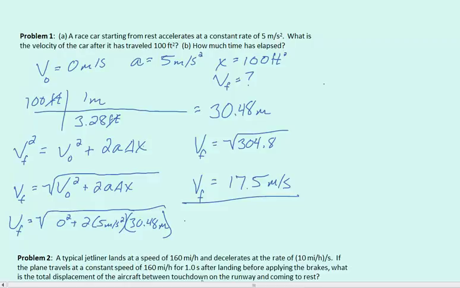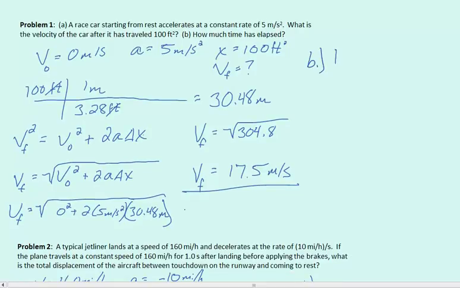Now that we solved for our final velocity, we're asked to solve for how much time has elapsed. So in part B, we're asked to solve for time. One equation that we learned is that our final velocity is equal to our initial velocity plus our acceleration times time. We solved for our final velocity in part A. We know our initial velocity, and our acceleration was given to us. If we rearrange the equation to solve for t, our final velocity minus our initial velocity divided by our acceleration will give us time.